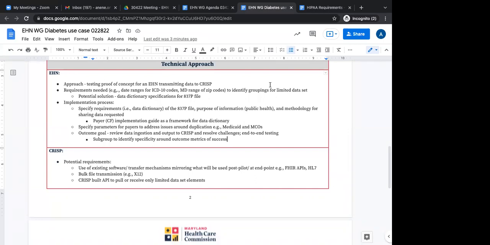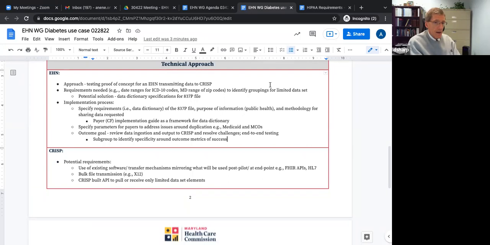So that is a big concern too, since we consider the provider the source of the data. So we'll have to figure out how that duplication gets figured out.